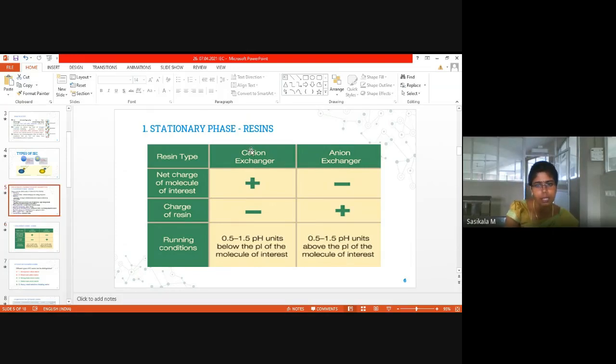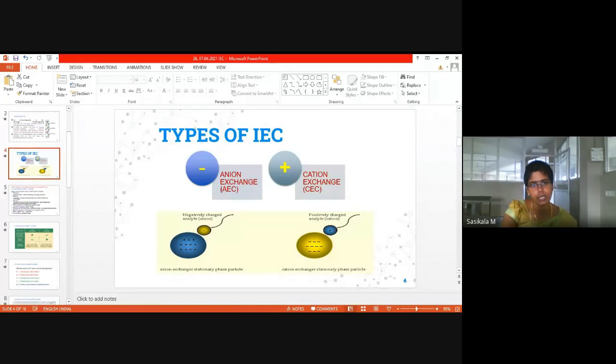This is described here itself. If the molecule is anion, then we have to use anion exchanger, and this will be positive charge. Sample is negative charge and the stationary phase is positive charge. Where cation exchange chromatography, sample is cation and the exchanger will be negatively charged. So stationary phase charge will be negatively charged.